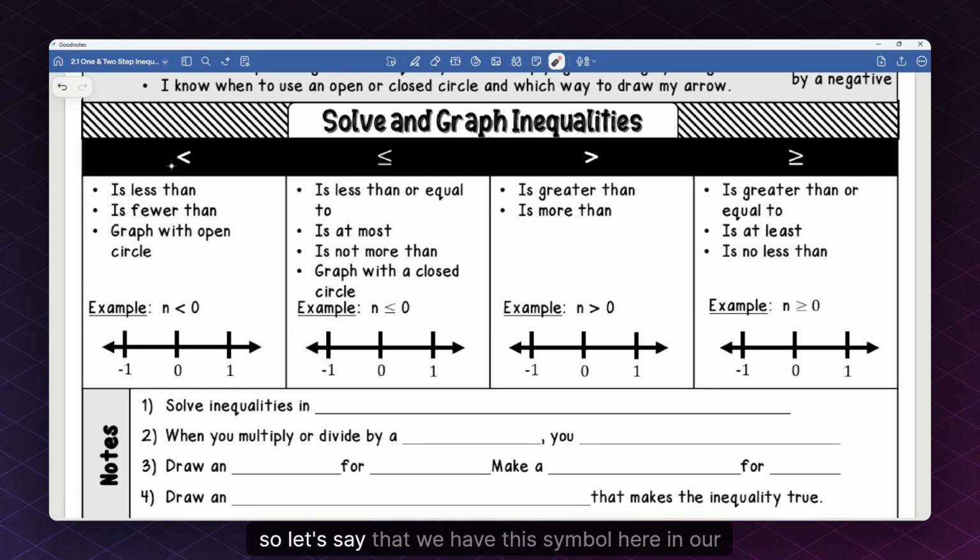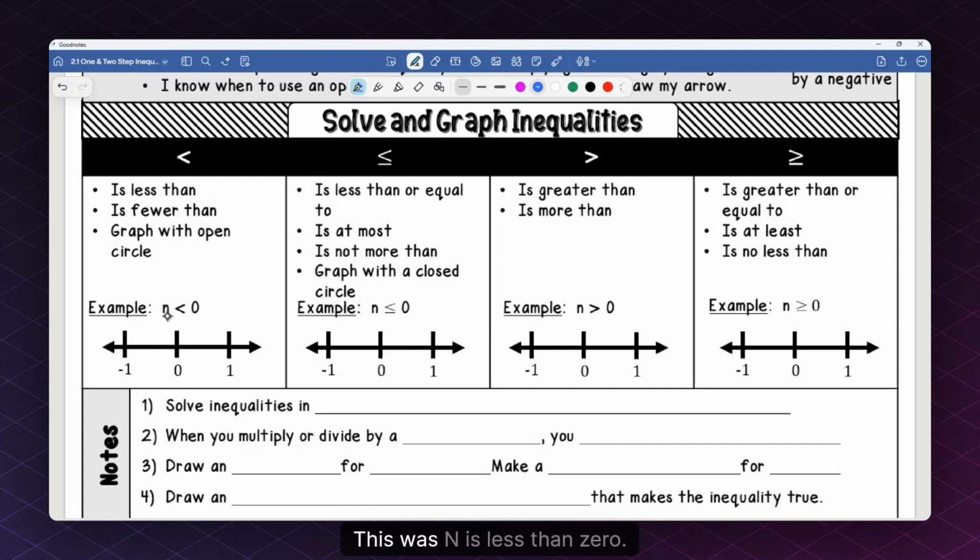Okay, so let's say that we have this symbol here in our equation, a less than sign. So it means it's less than or it's fewer than. Now, the important part for today is that we're going to graph that with an open circle. So let me show you what I mean. This was n is less than 0.